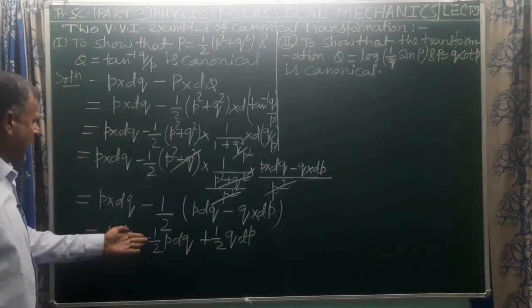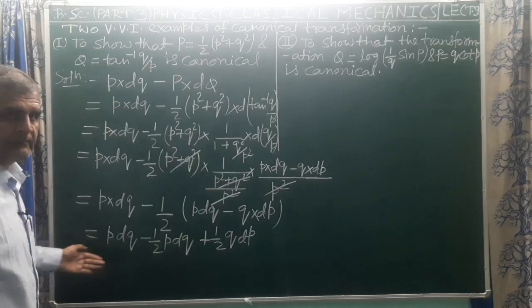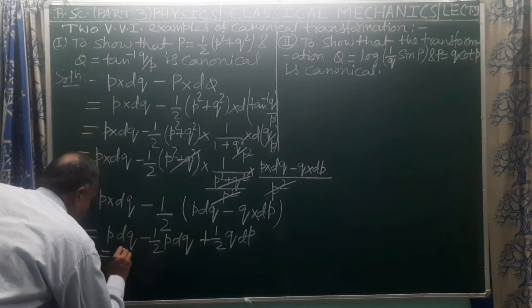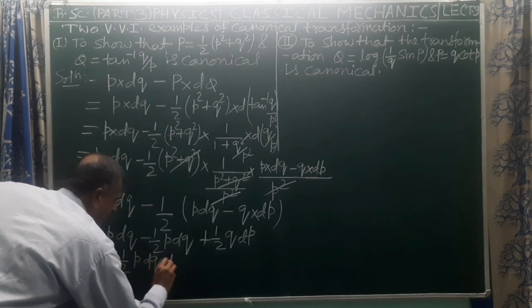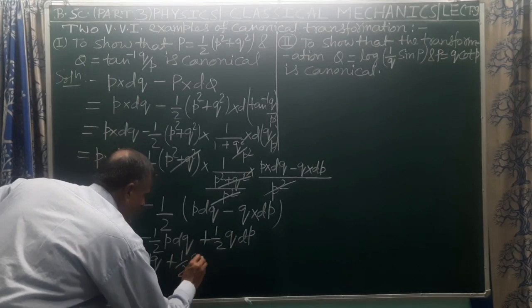And p dq minus half p dq is 1 by 2 p dq, and the second term is 1 by 2 q dp.